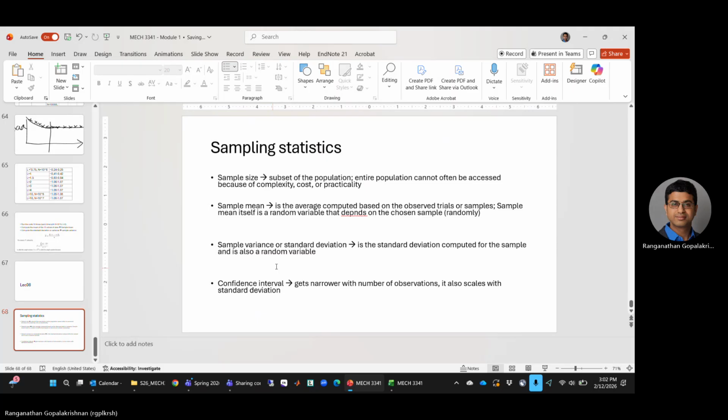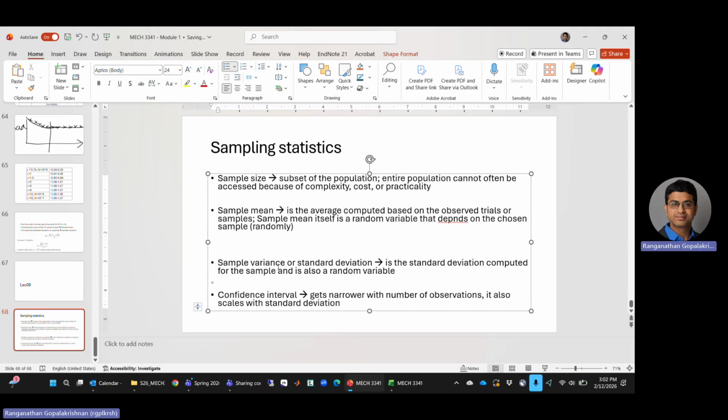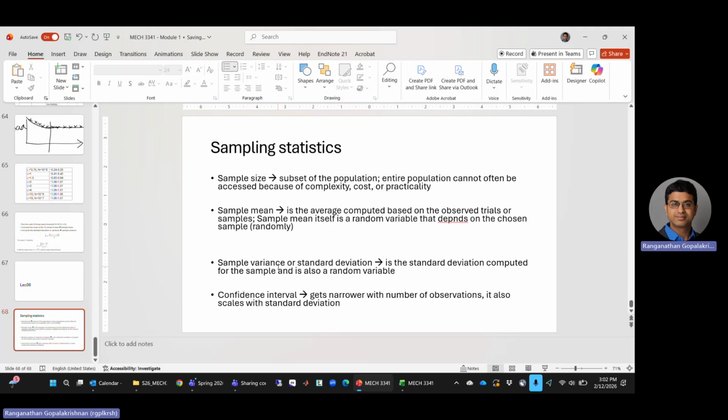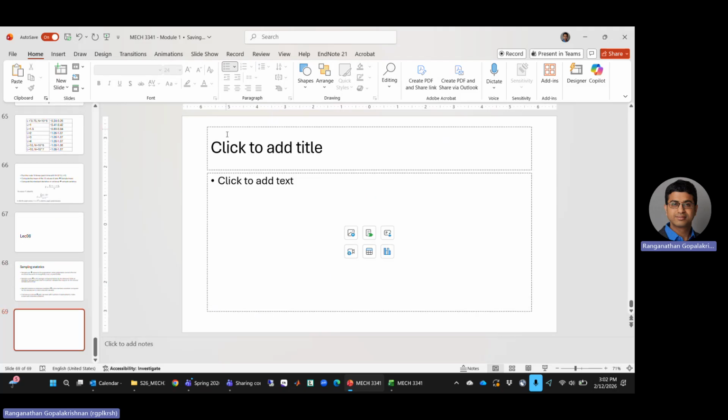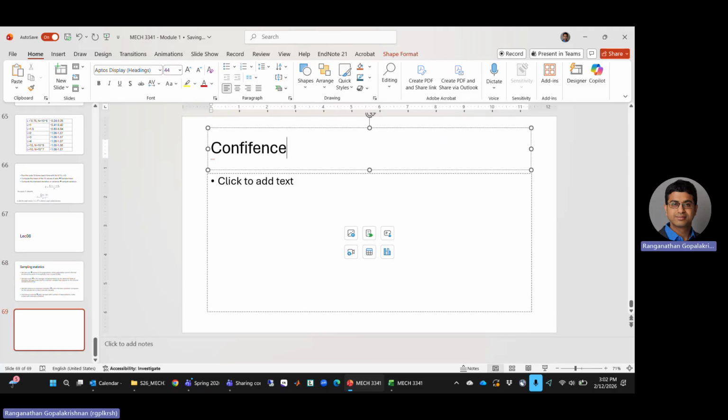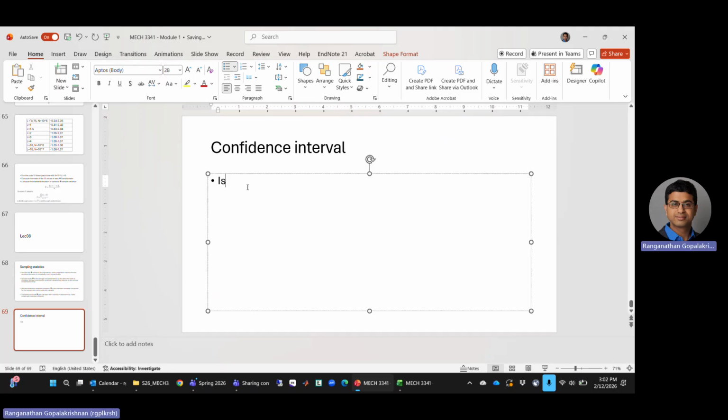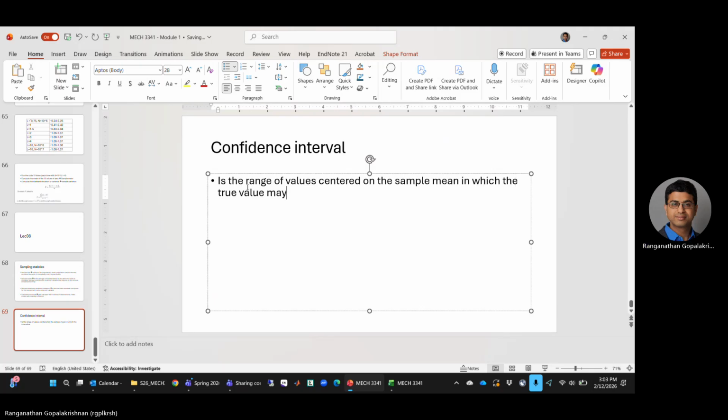What can we say in words about the confidence interval? I would put it as: the confidence interval is the range of values centered on the sample mean in which the true value may be found with a certain probability.